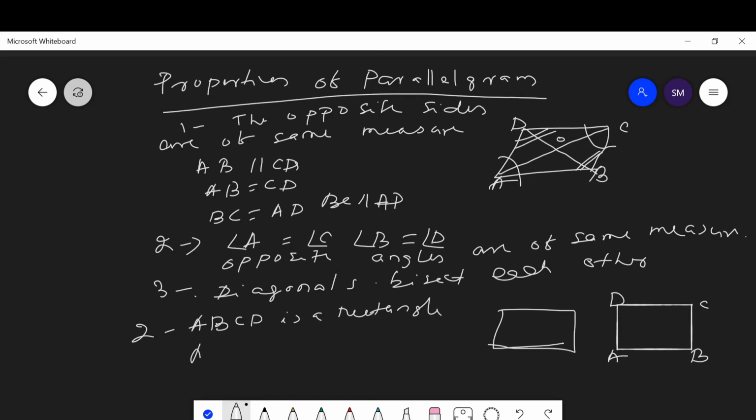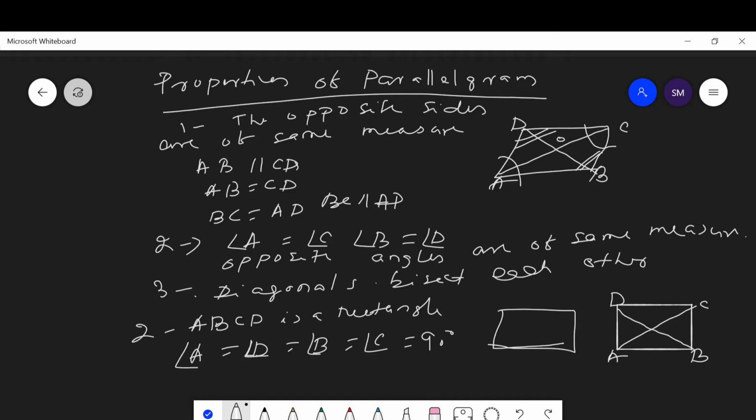But another most important difference between a parallelogram and a rectangle is, in a parallelogram only opposite angles are of the same measure, but in a rectangle all angles are of the same measure and are right angles. Another property says that the diagonals are of the same measure and they bisect each other.